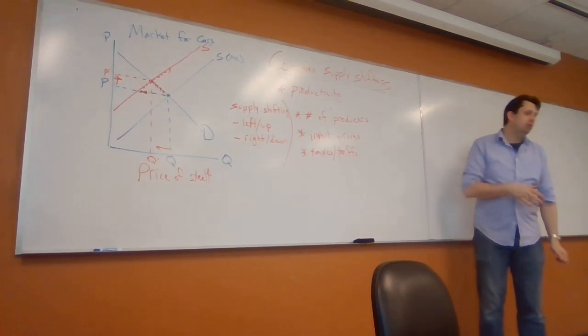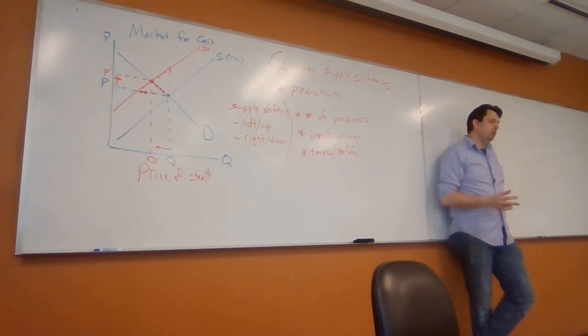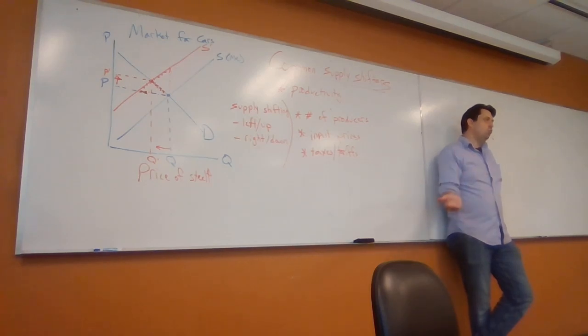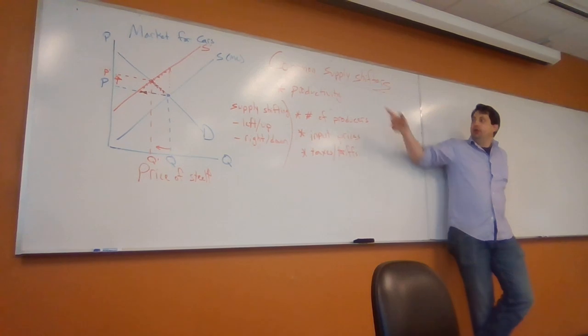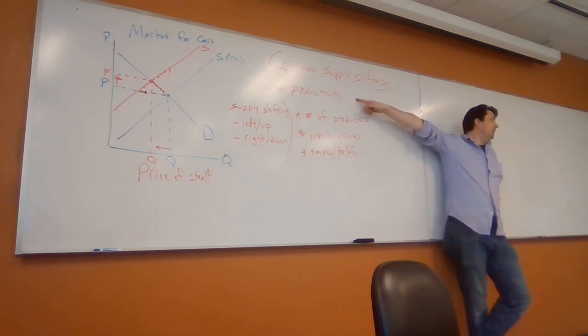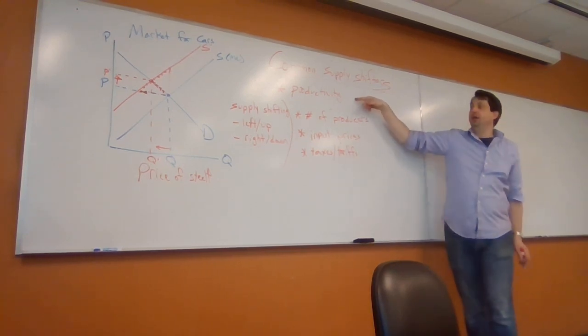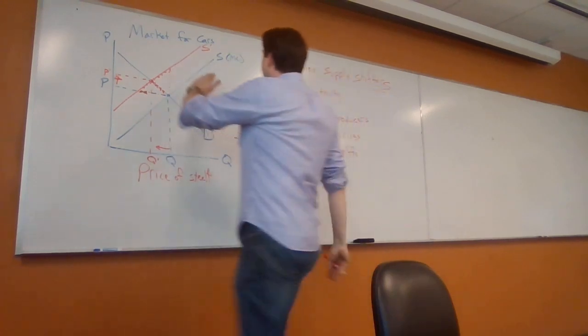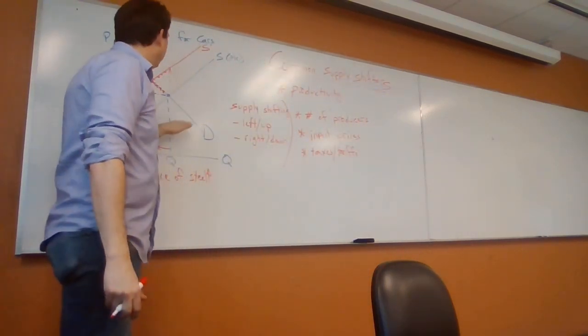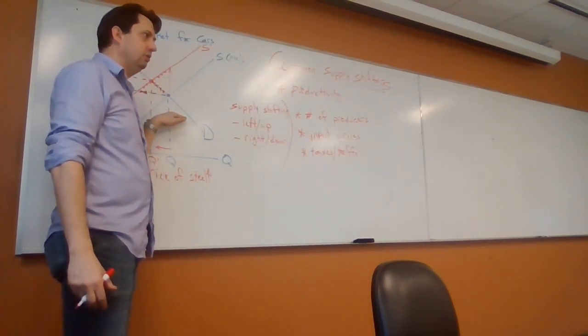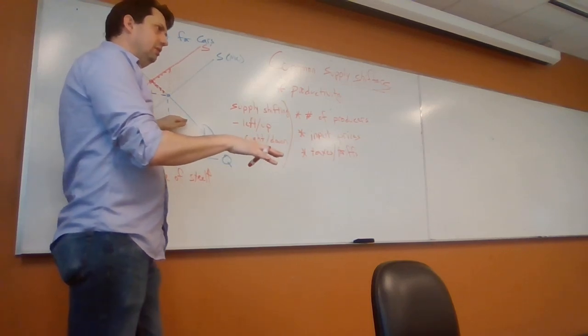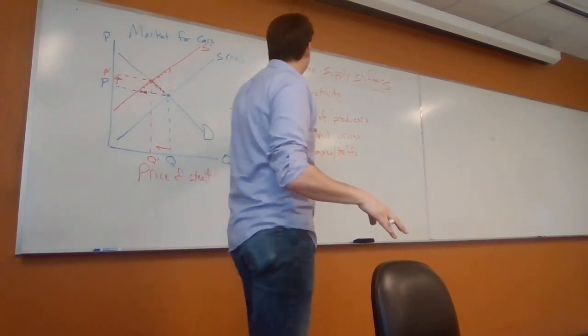For example, and I think I alluded to this earlier, if the weather is really favorable to growing oranges, then the productivity of orange growers goes up. And there's tons and tons of oranges, the supply curve will shift, and as a result, the price goes down. Oh, you're talking about the number of producers. Sorry, number of producers.